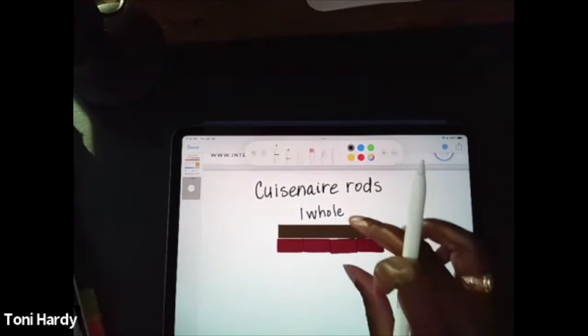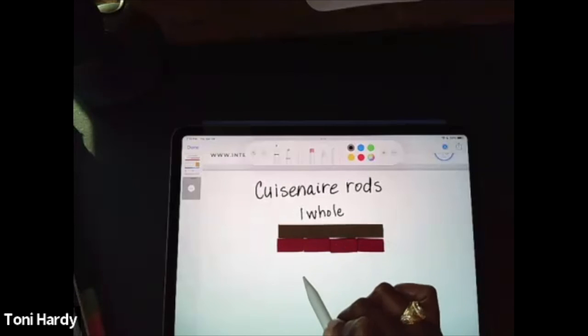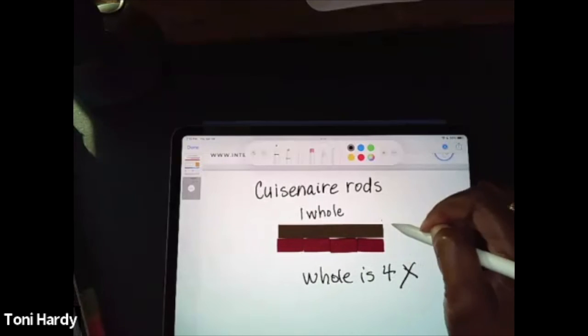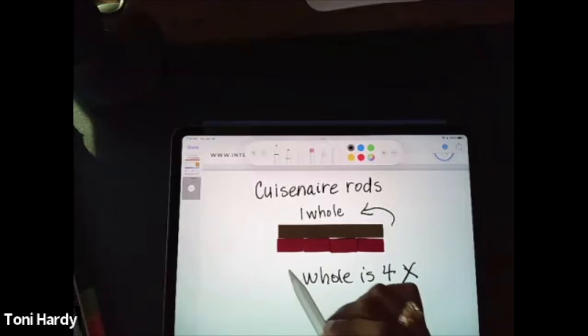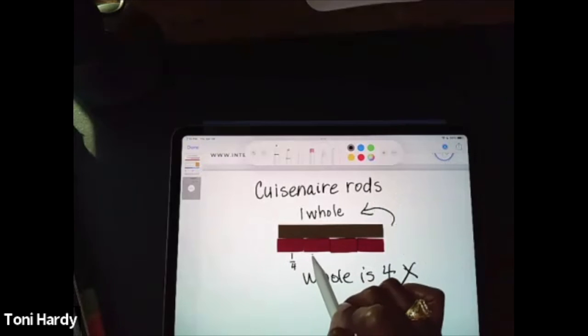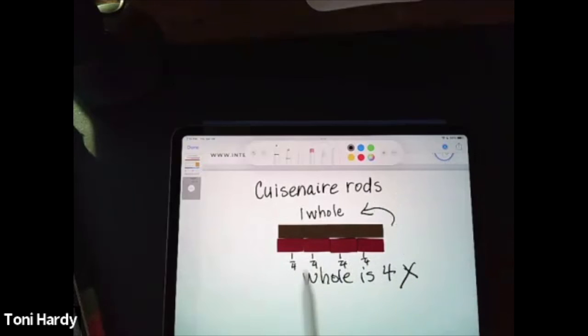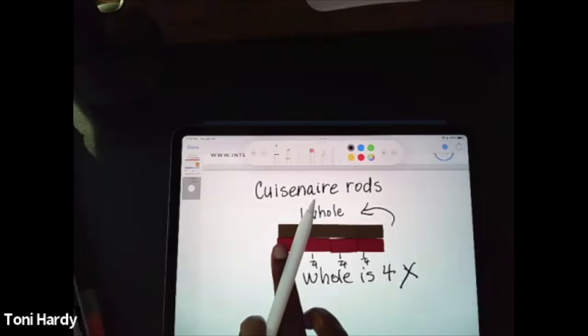If we look at this and we know that we have 4/4 to make the whole, and I count this as 1, 2, 3, 4, then the kids misunderstand and think that the whole is 4 when it really is not. The whole is 1. So we have to make sure that when we are talking about fractions, we use the correct language and label our fractions correctly. They need to see and be able to tell you that you have 1/4.